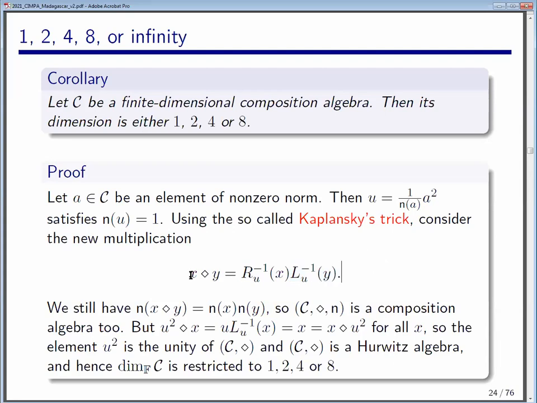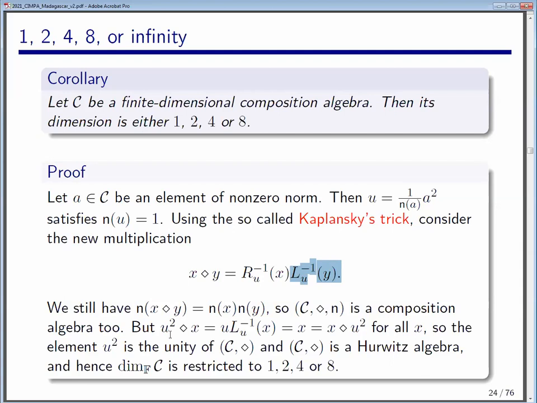So the norm of x diamond y is the norm of this product. Well, the norm is multiplicative in C, so it is the norm of the first element times the norm of the second element, but the norm of the first element is the norm of x because we are applying an isometry, and the same for the second element. So the norm is also multiplicative for this new multiplication. So with this new multiplication, C is also a composition algebra.